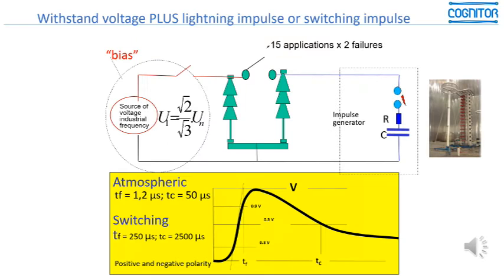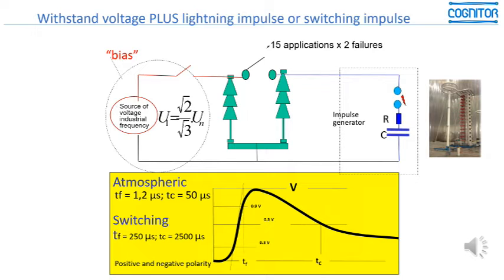And here we have the so-called bias test, in which we simulate one operation in one circumstance in one substation in which you have one isolator which is energized at one of the sides, and suppose that in the other side one impulse drops along the conductor or some parts that is not energized.